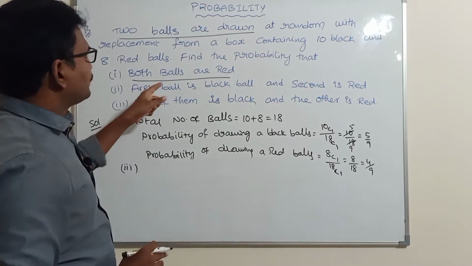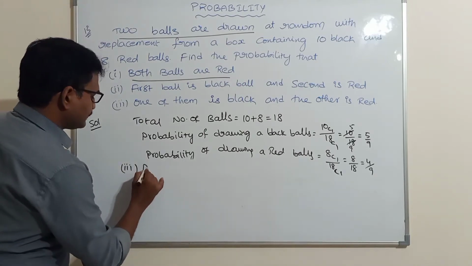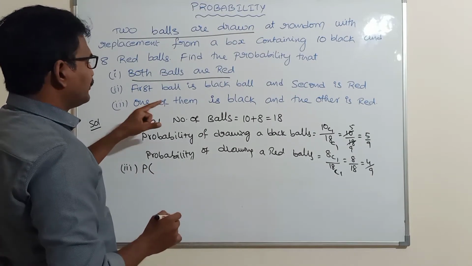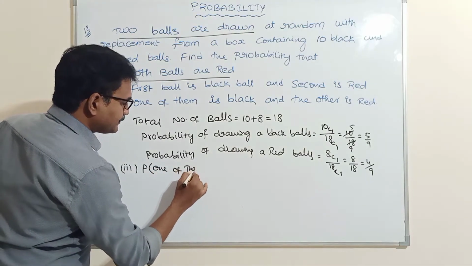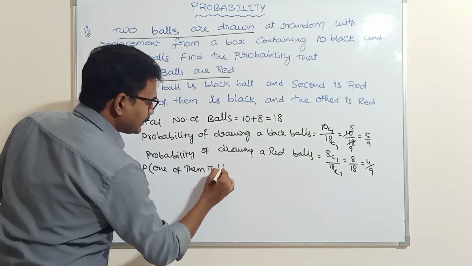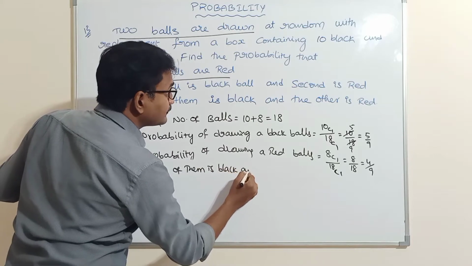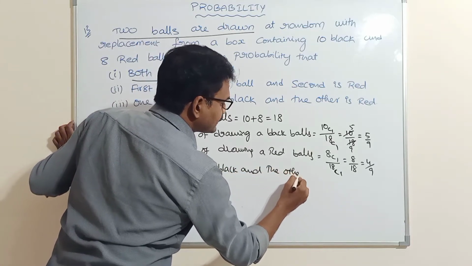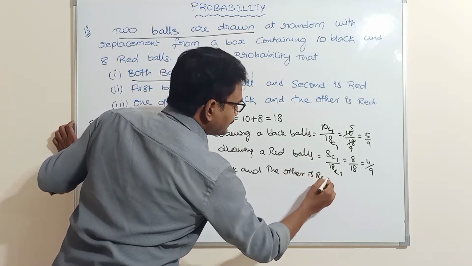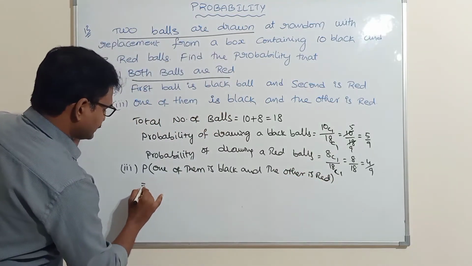Next, the probability that one of them is black and the other is red. Here two cases will come. What is the first case?